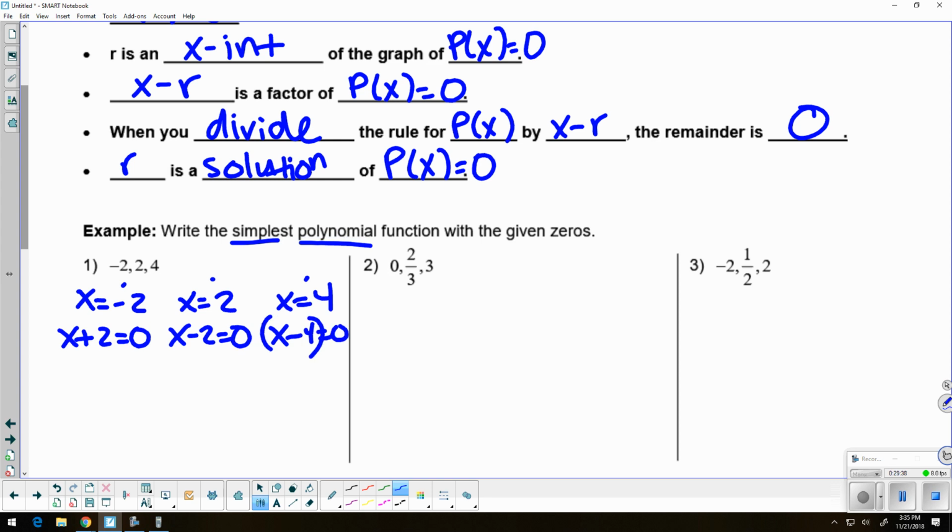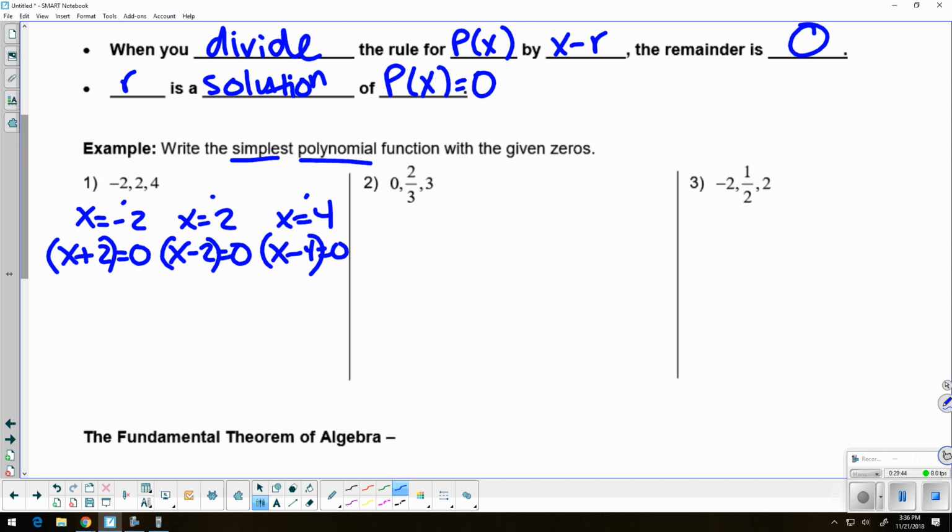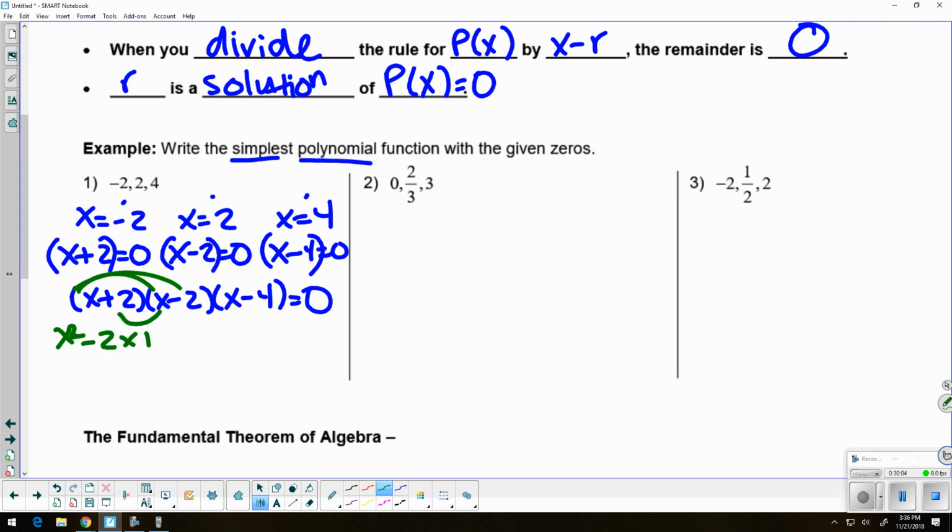Now you're going to take these binomials and multiply them. So x plus 2 times x minus 2 times x minus 4 will give me the original polynomial these roots came from. Let's start with the first two. If I FOIL these, I have x squared minus 2x plus 2x minus 4.